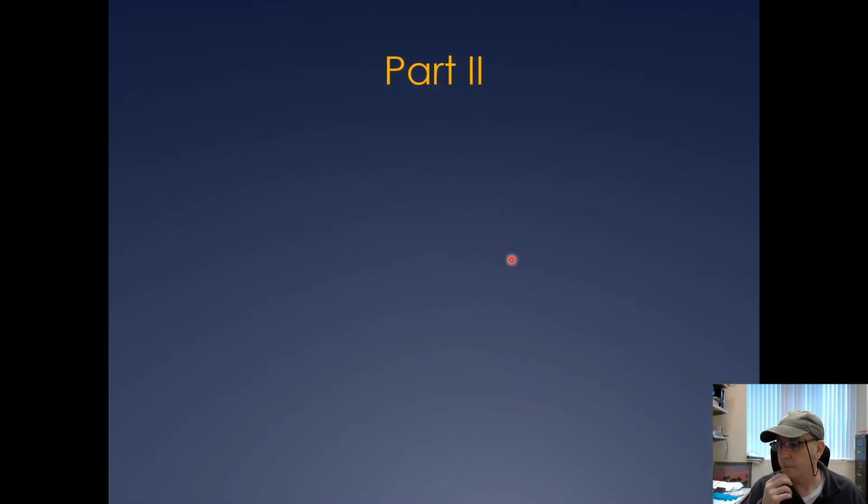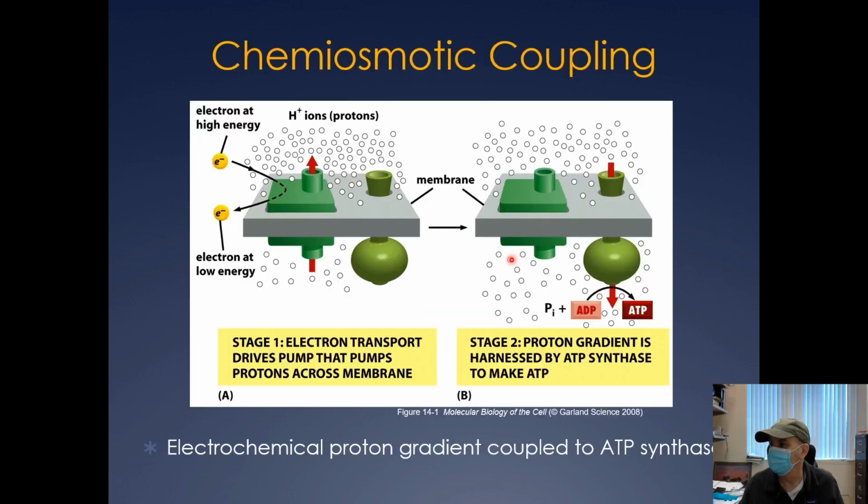Okay, class, so we're on part two now, and mainly in part two, we're going to cover the bioenergetics of it. To start off with the most global look at how ATP synthesis works, there's this thing called chemiosmotic coupling, where high energy electrons get transferred down an electron transport chain, and eventually, in the case of mitochondria, end up on oxygen.